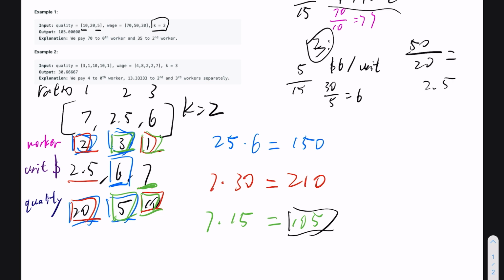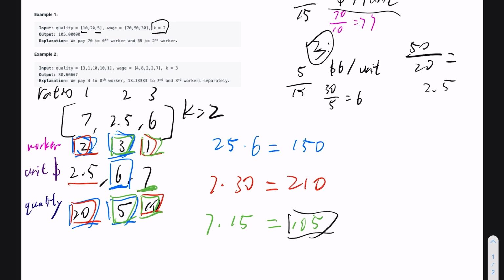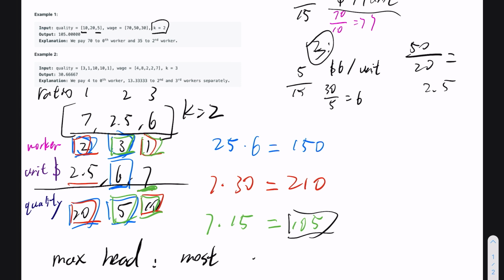So as you can see here, each time we iterate through this array of workers sorted by unit price like this, we can use a max heap to keep track of the most expensive worker by unit.